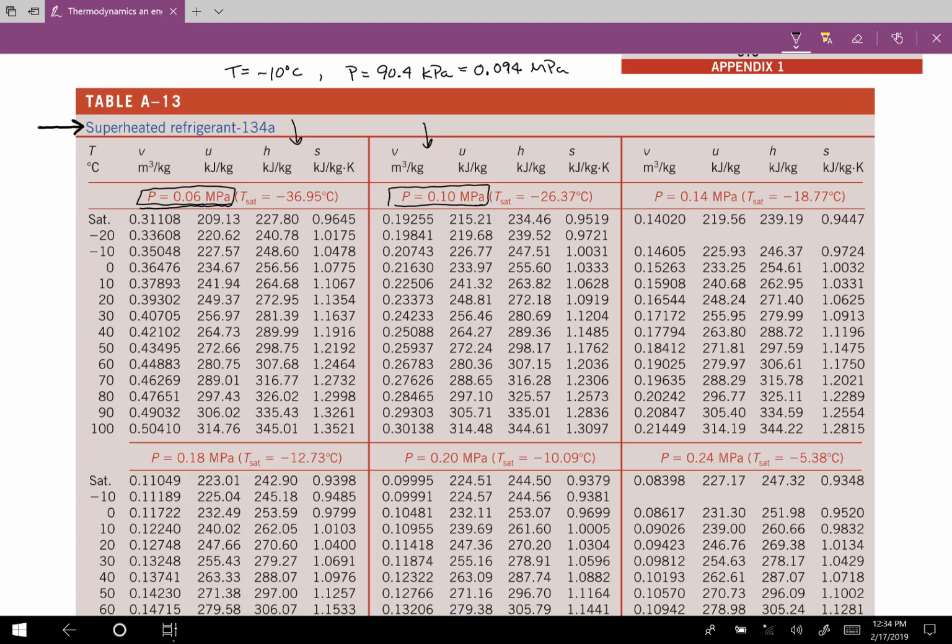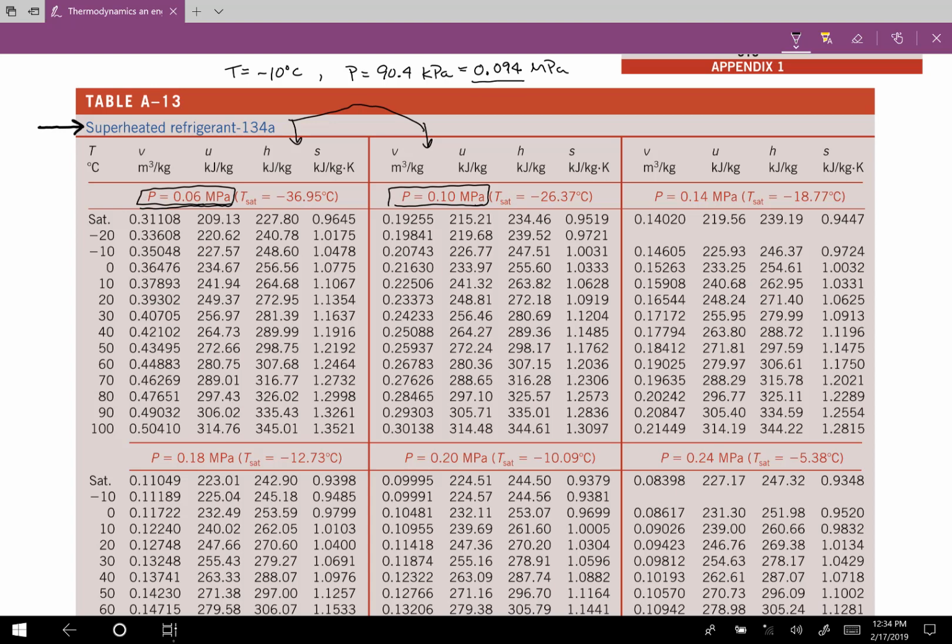In other words, it falls somewhere between these two tables. We can deal with this in a few different ways. Probably the easiest way is to just eyeball this, and so let's go through that and then I'll tell you a couple more exact ways. So the pressure here is 0.094 megapascals.